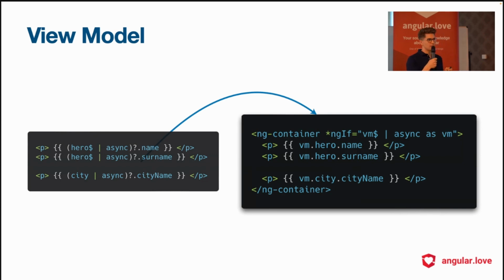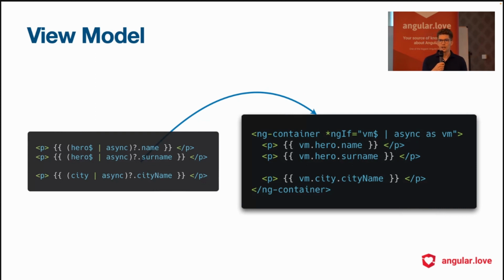So we can use it to put the ngIf, and we can use it to resolve the view model with a single async pipe, no matter how many observables we initially had. Now we have a single async pipe, we're resolving this whole observable only once, and then we can use it as this template property, vm, everywhere in our template.